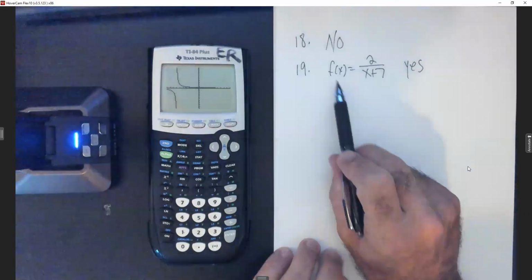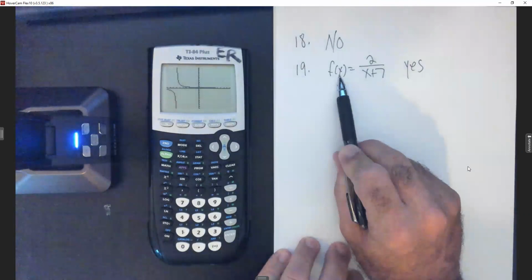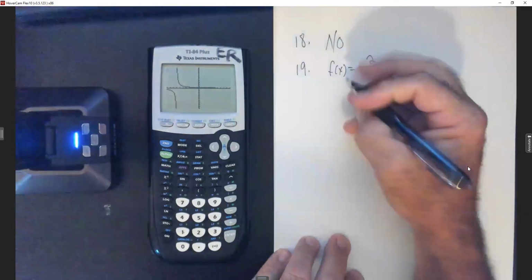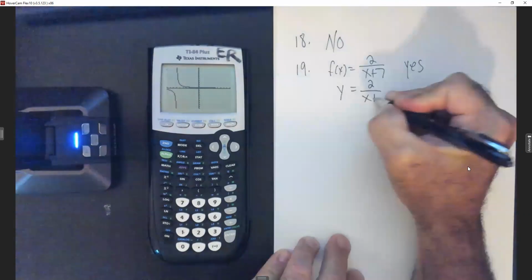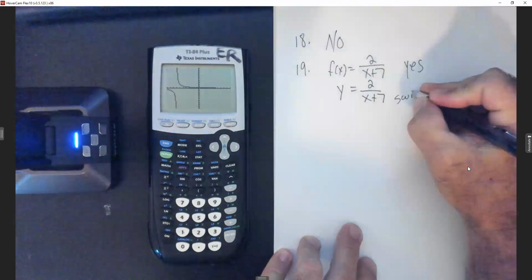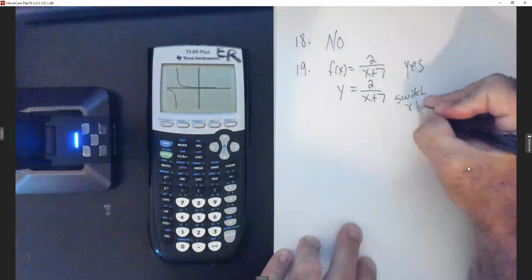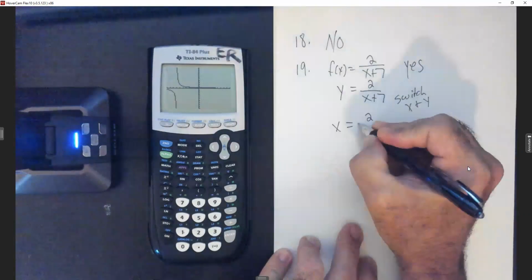So here's where we had to find the inverse. The first thing we did, we replaced the f of x with a y. Then I had to switch x and y around, remember, so that I got x equals 2 divided by y plus 7.